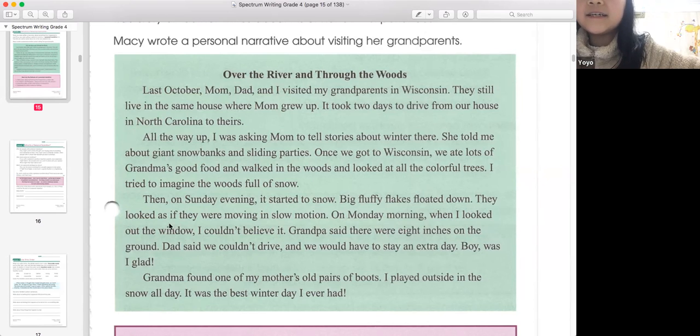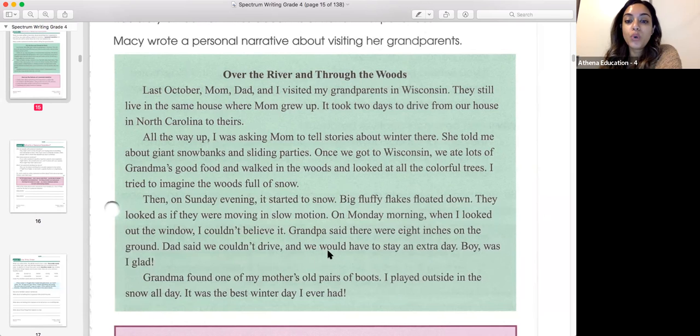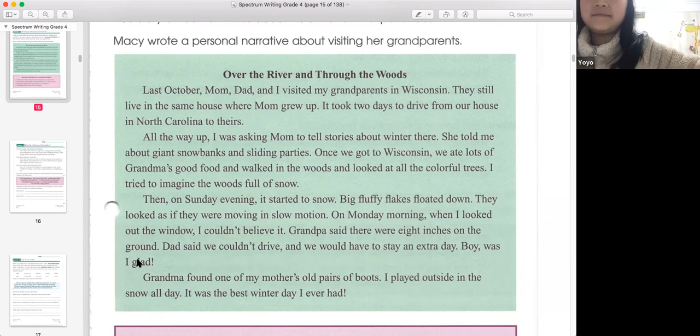They looked as if they were moving in slow motion. On Monday morning, when I looked out the window, I couldn't believe it. Grandpa said there were 8 inches on the ground. Dad said we couldn't drive and we would have to stay an extra day. Boy, was I glad. Good job.